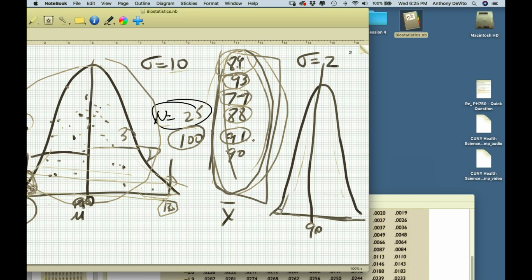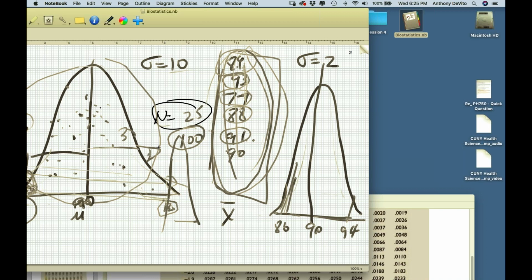So 95% of these values, instead of being between, say, 70 and 110, are now going to be more likely to be between 86 and 94. If I take a bigger sample, then these numbers might be closer to the mean, and it might even be a narrower distribution.